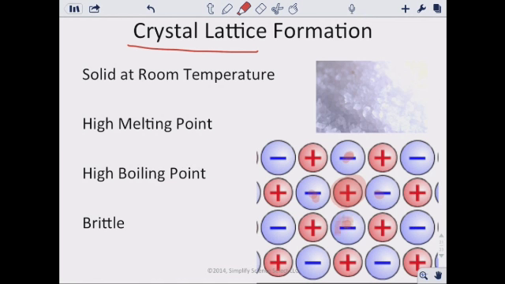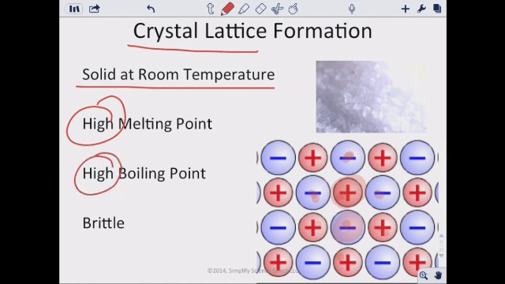And if you look at the negatives, they're surrounded by positives. And so you have this great attraction for each substance within itself. And so you have all these positives surrounded by all these negatives, and that's why you'll get solid at room temperature. You have very high melting points and very high boiling points.